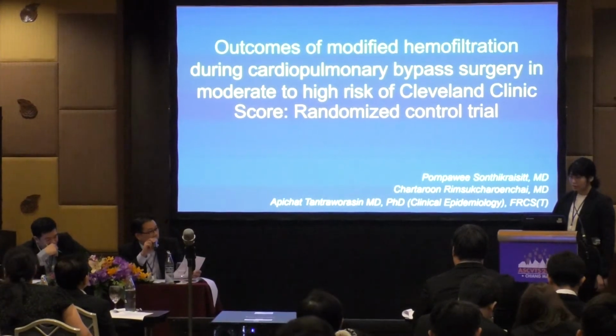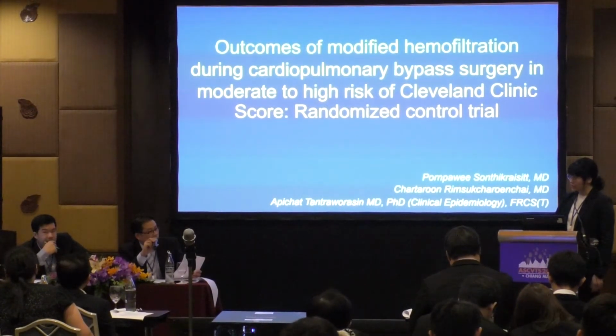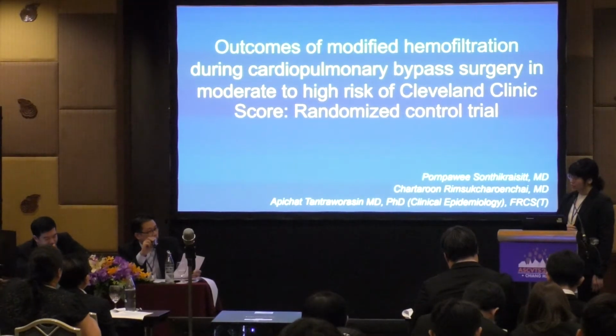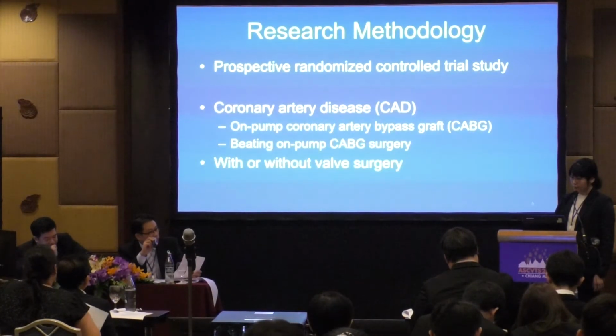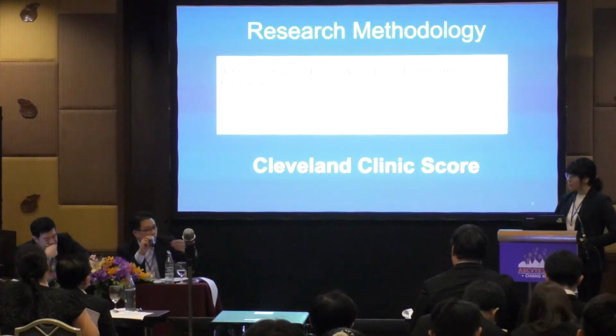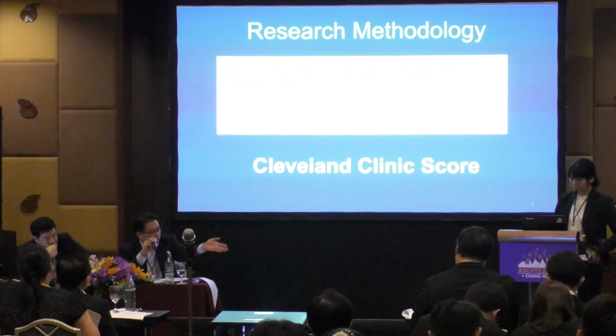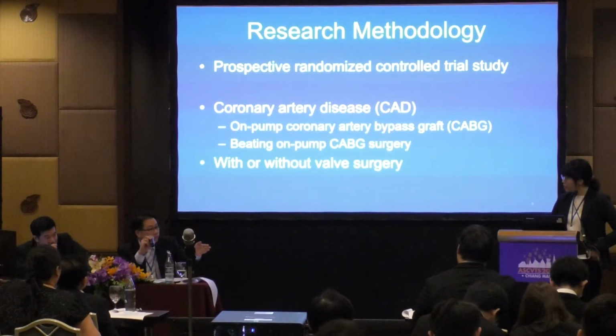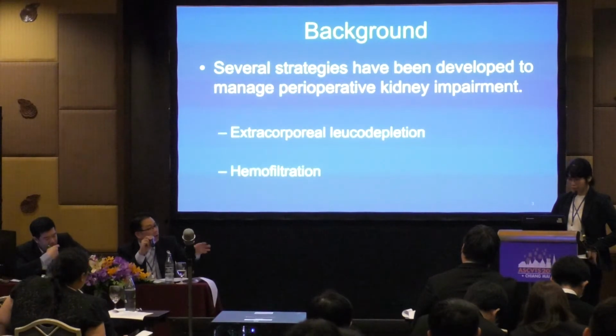Yeah, it's after cardiac surgery. The score predicts after cardiac surgery. This is only the kidney result for the Cleveland Clinic score. So for your title, when I first read it, it doesn't seem to say what the primary outcome is. You said the outcome is the renal outcome only.